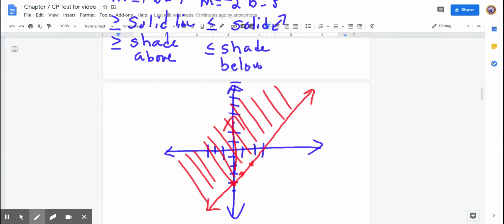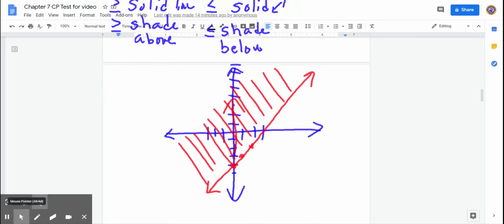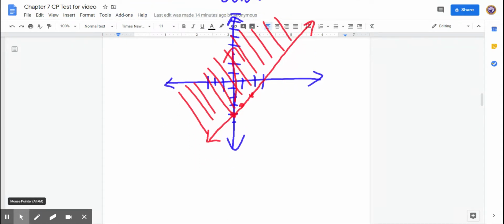Now you have to draw the second line. So the second line has a y-intercept of negative 8. Oh, so that goes down. I didn't go far enough down there. So let's just go. There we go. So let me go back here. 4, 5, 6, 7, 8.